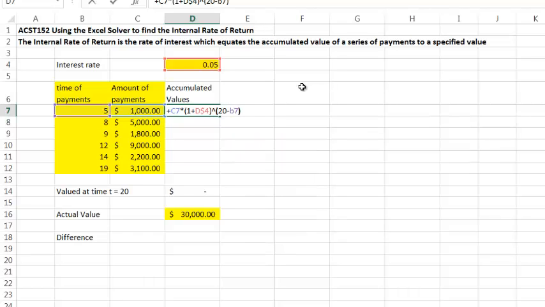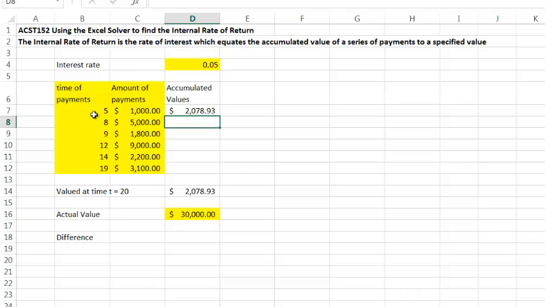Okay, so look at that equation for a minute. It's the amount of the cash flow multiplied by 1 plus the interest rate invested for the period from the time of the payment up till the end of 20 years. Okay, so $1,000 invested from time 5 to time 15 at the interest rate of 5% would be worth $2,078.93 at the end of 20 years.